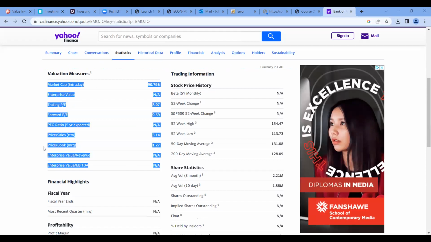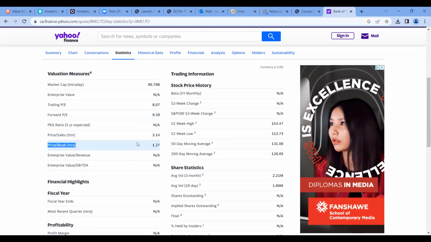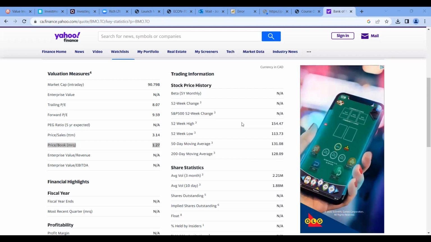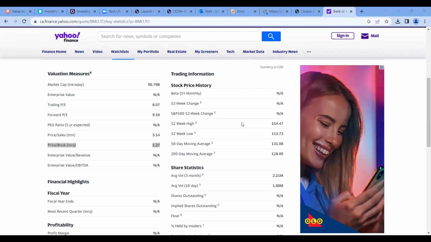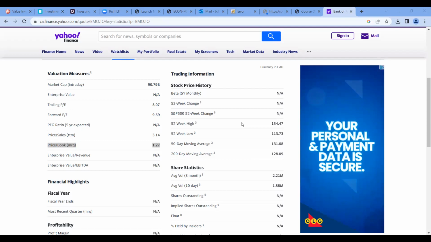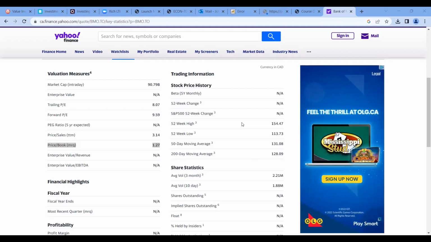And then the price to book is about 1.27, so it's pretty low here. You are paying 27% more than the net assets are worth for BMO, which is not that bad.